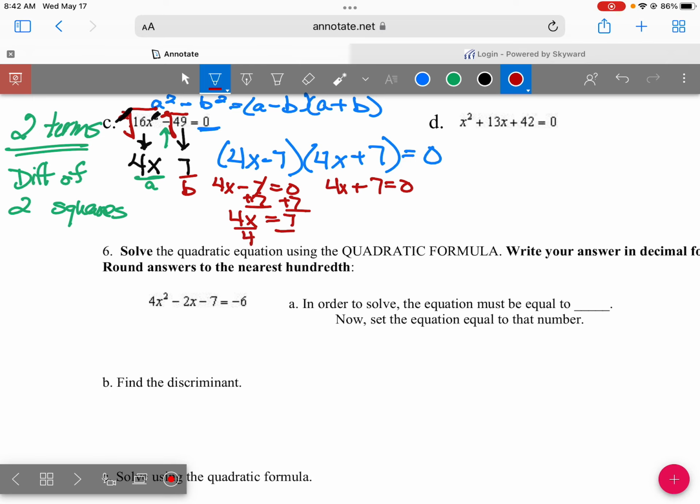Divide by 4. X is equal to 7/4. That's one root. Then on the other side, subtract 7. 4x equals -7. Divide by 4. X is equal to -7/4.